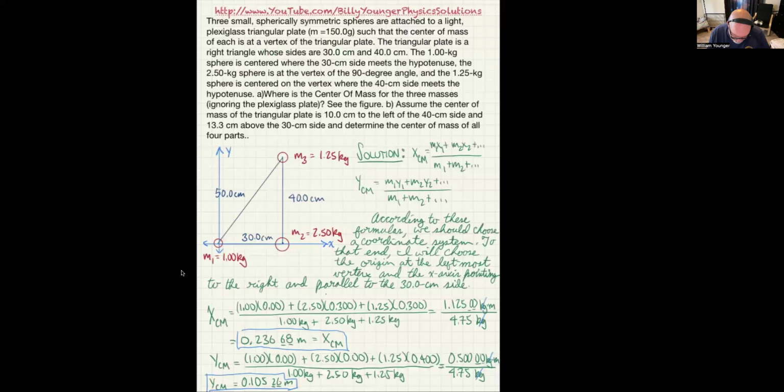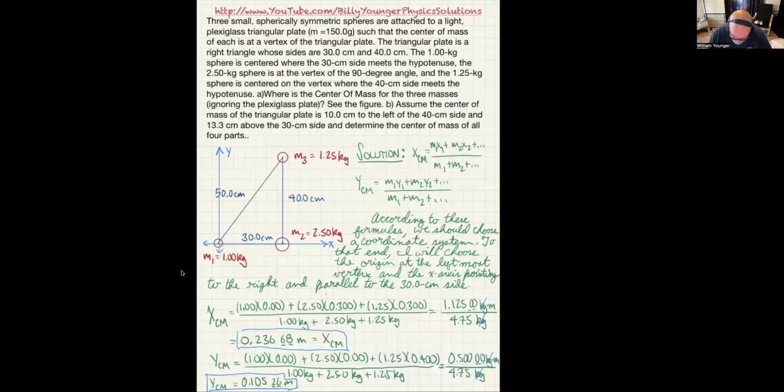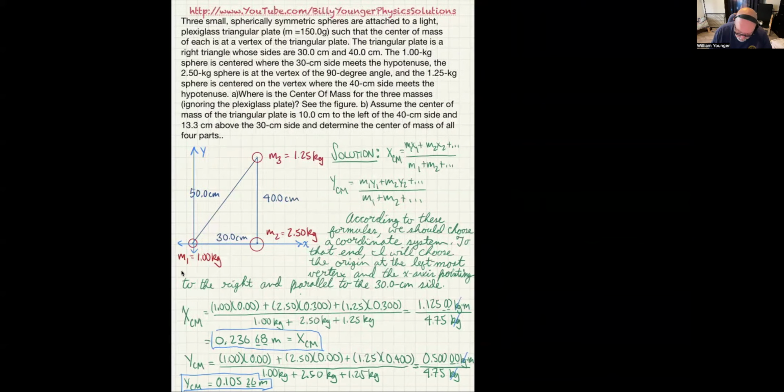0.300. Now we also have the mass of the triangular plate, which if we look back at the question, was 0.1500 kilograms. So this would be 0.1500. And then its position, they said, would be 10 centimeters to the left of the 40 centimeter side. So that corresponds to an x equals 0.20. So 0.200.